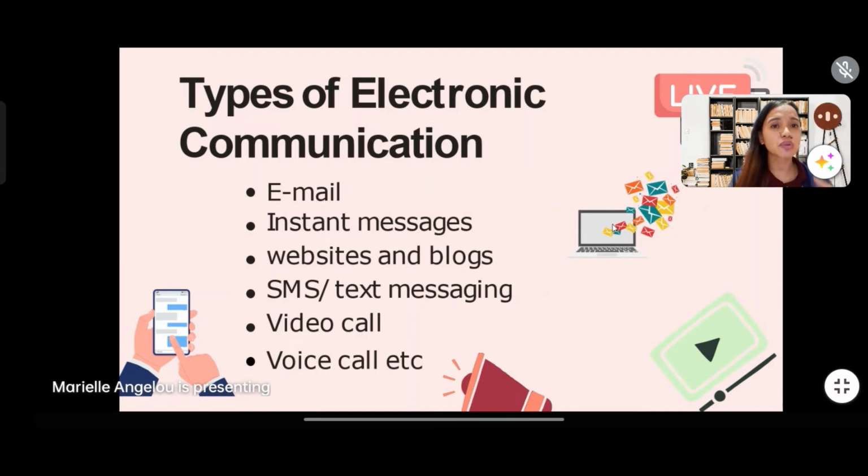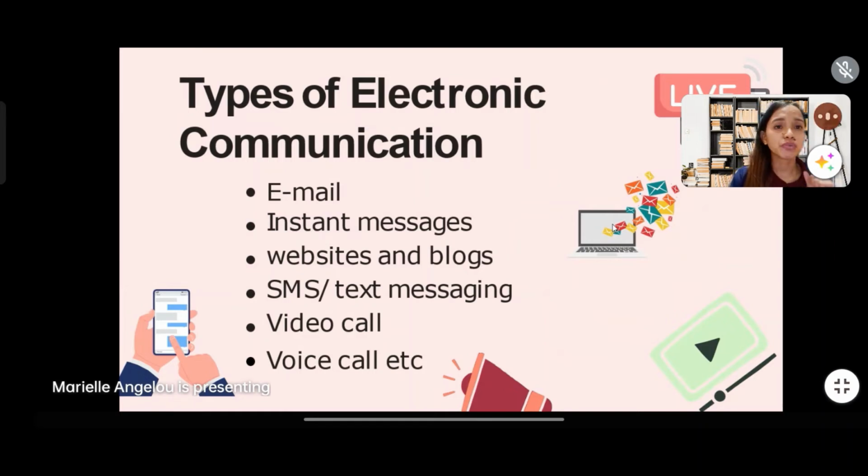That is why it is called electronic mail. We have Yahoo, and we have Gmail, or Google Mail. Those are just some of the famous examples of email delivery or modes of sending emails.